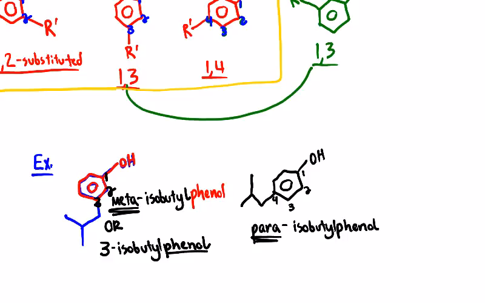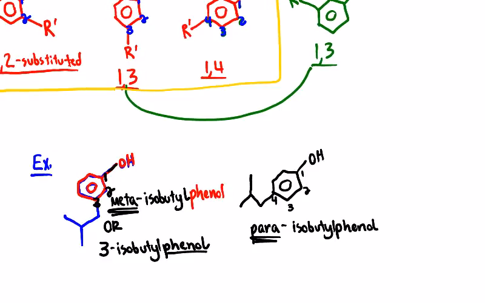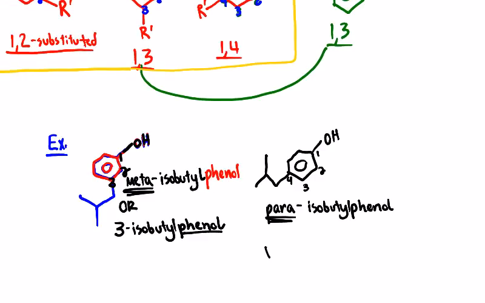So it's assumed that at position number 1 here, that is always going to be where the hydroxy group is, since the parent name is phenol. And then going around the ring in the shortest direction puts us at position 3. Carbon number 3 of the ring is where the isobutyl comes off, so that's why we could call it 3 isobutyl phenol. By far the most popular way to go about naming these is using ortho, meta, and para, but certainly it is acceptable to also alternatively use this numerical nomenclature instead. That is totally fine.